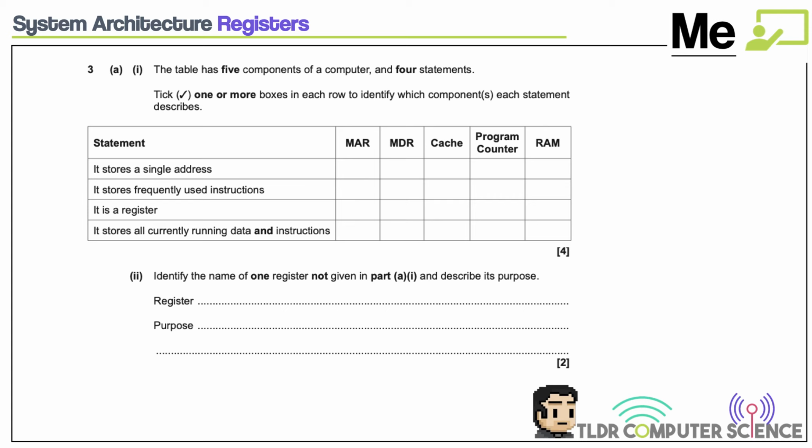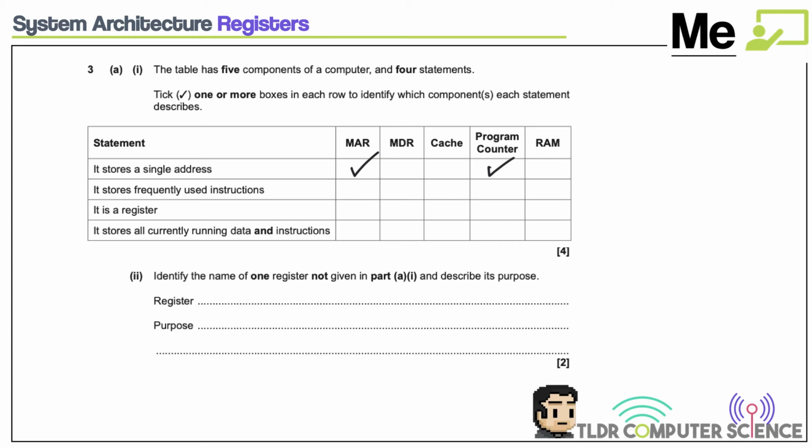Well, just go for your first instinct. You put PC. Anything else? Now, why did you change your mind? But does it still hold a single address? Guess what? You're right the first time. So it is program counter and memory address register. They hold a single address.